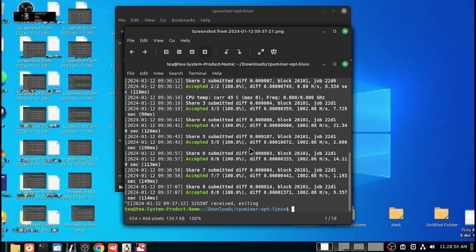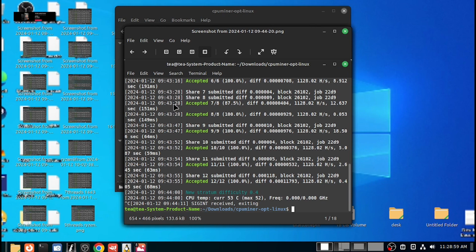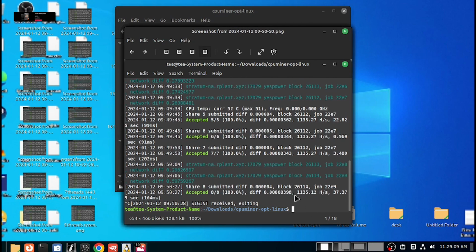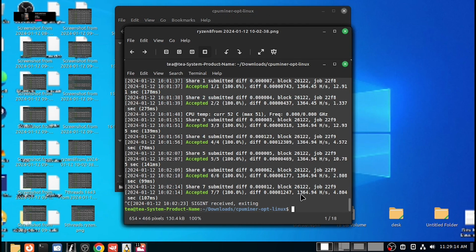All of these by default start off with the 16 threads. So then you can see here with the different thread counts, I was getting a different hash rate. And then when you go up a little bit more, about the same, a little bit more hash.